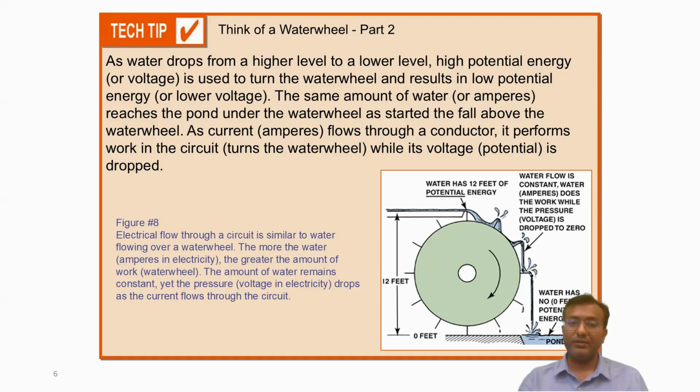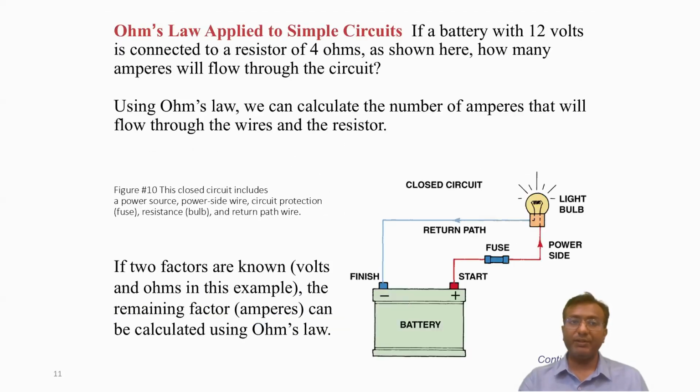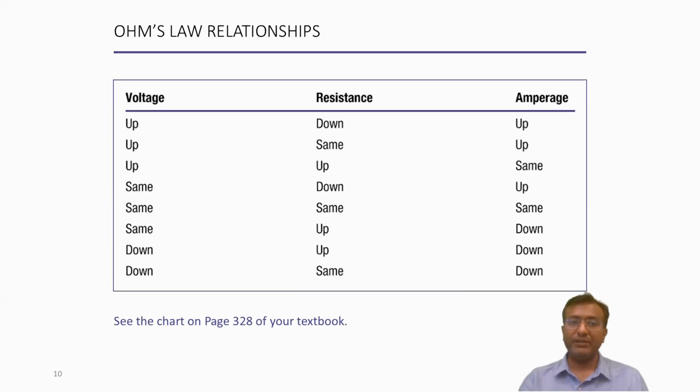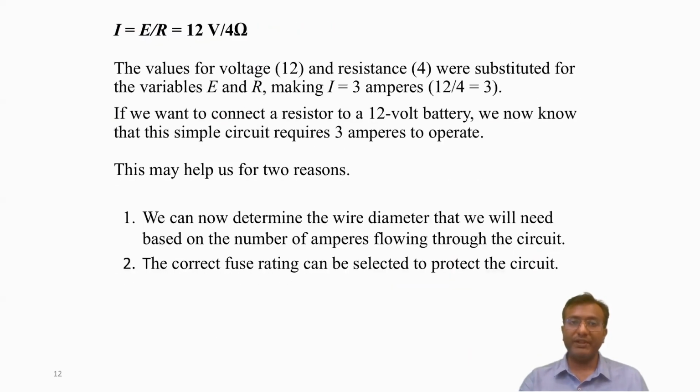Now, coming to the overview of today's lecture, or some of the concepts we have discussed in today's lecture. We have covered short to ground issues, high resistance, and Ohm's law.